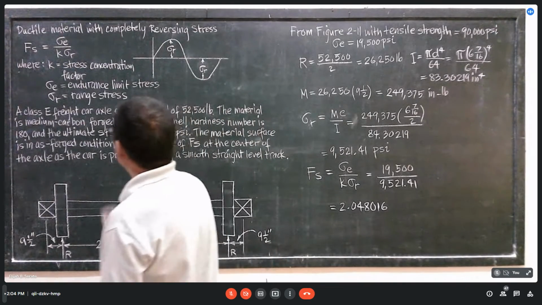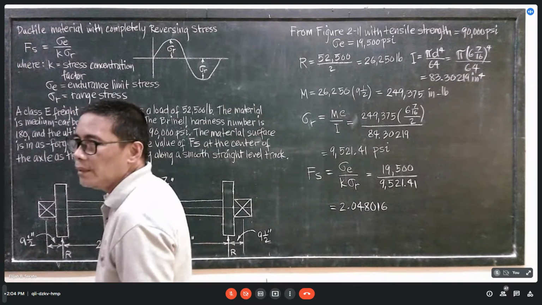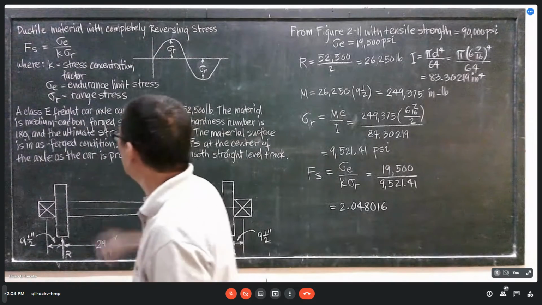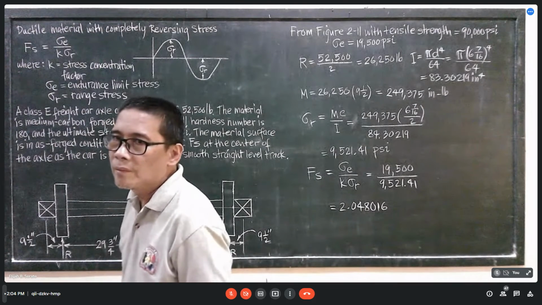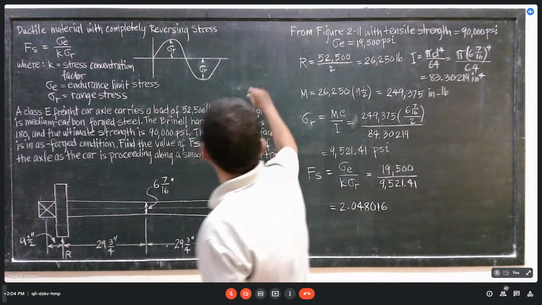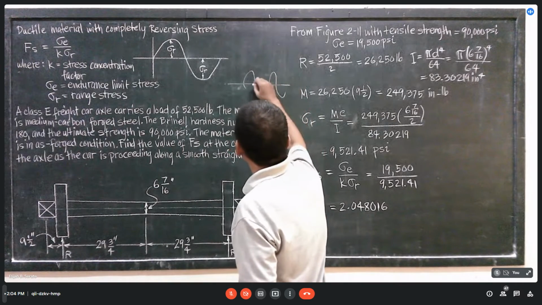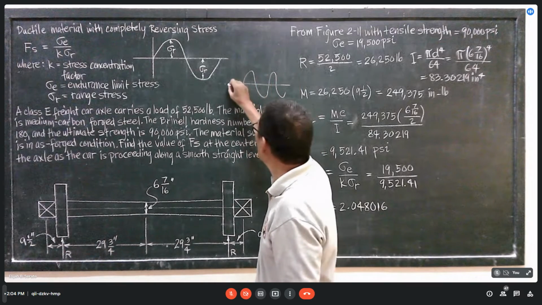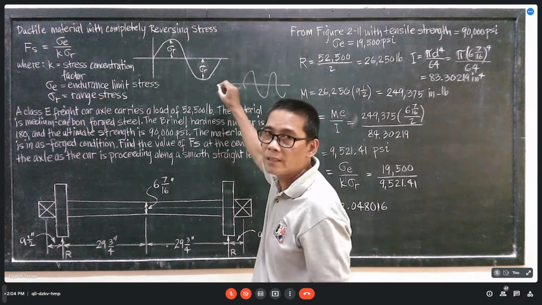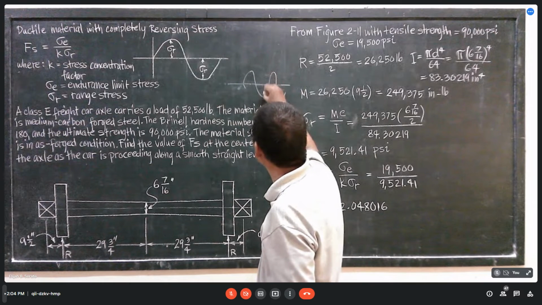Okay. So, unsa man ang range stress? It is actually the stress from the average, remember, in the middle is the average stress, to the outermost stresses.